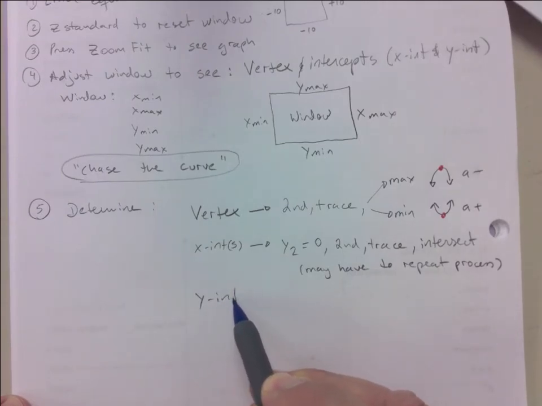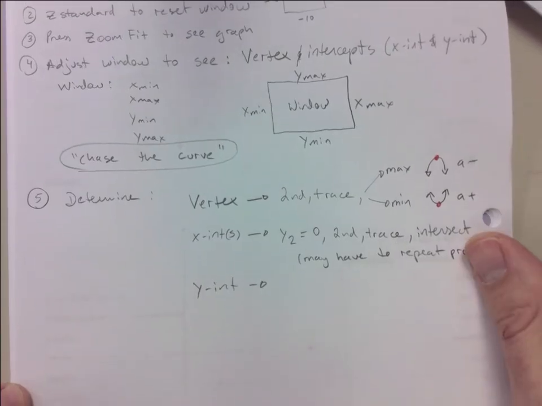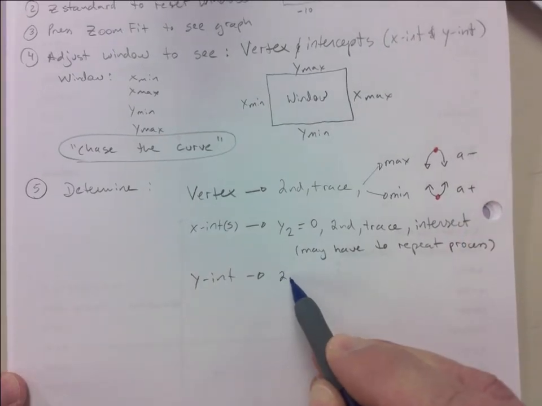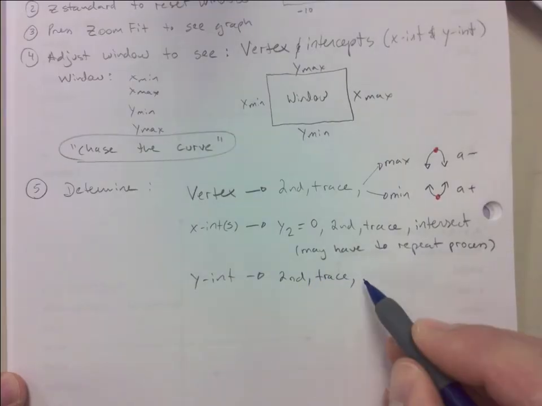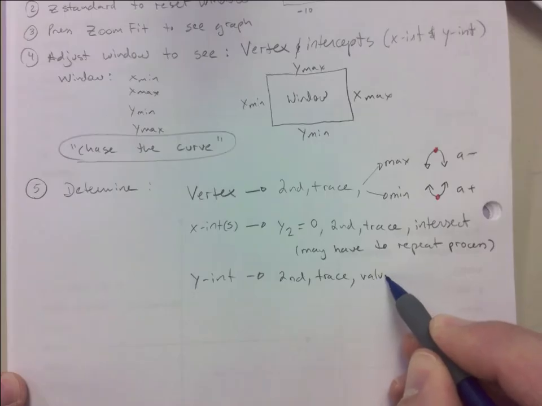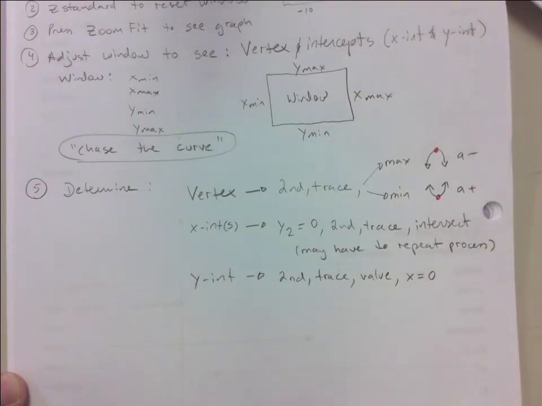Y-intercept. Y-intercept can be very easy. You just look at your equation. But if you don't remember that, you just go second, trace, value, and in this case, we let x equal to 0, and then press enter, and then we'll find that.